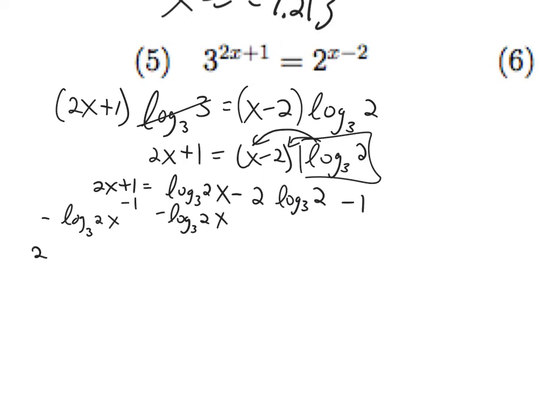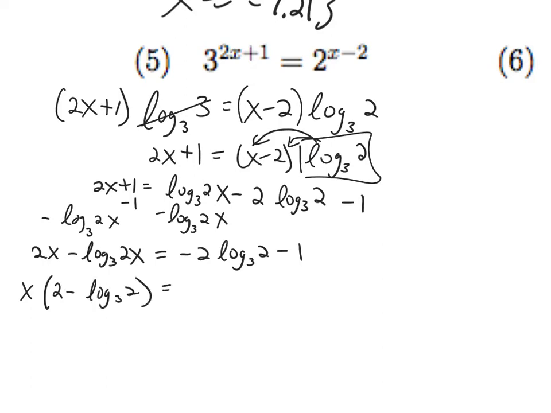So that I have 2x minus log base 3 of 2x equal to negative 2 log base 3 of 2 minus 1. And then I'm going to factor out an x. And if I do that, this is going to look like 2 minus log base 3 of 2.